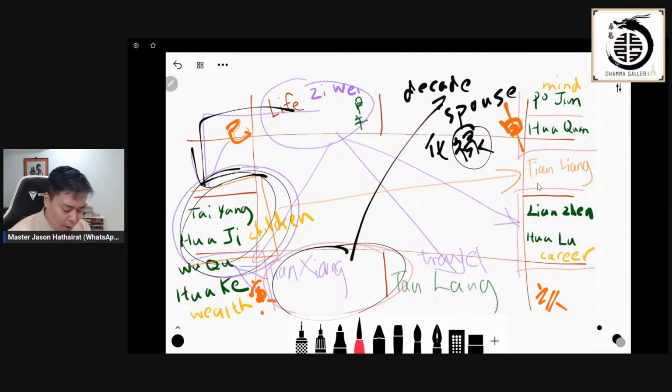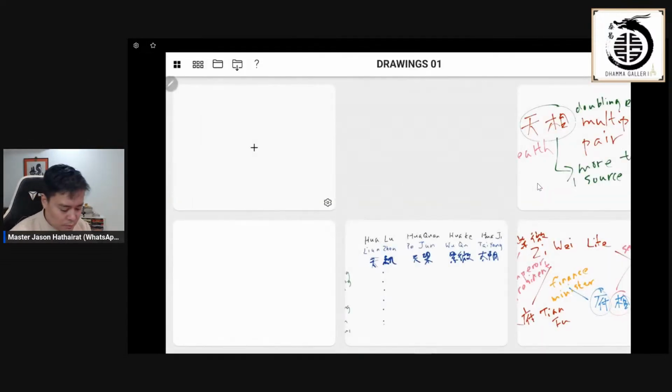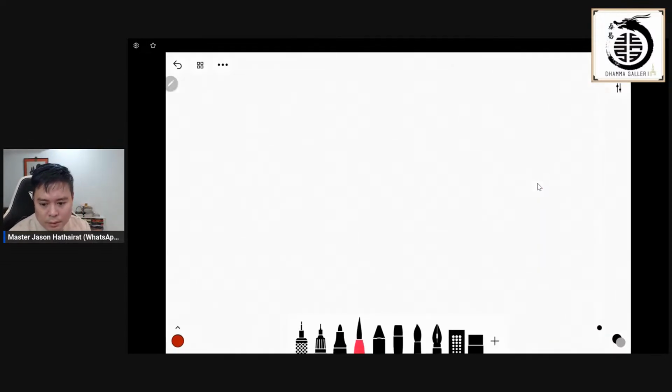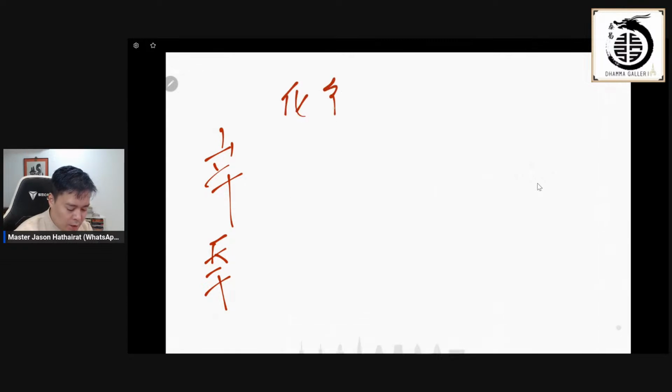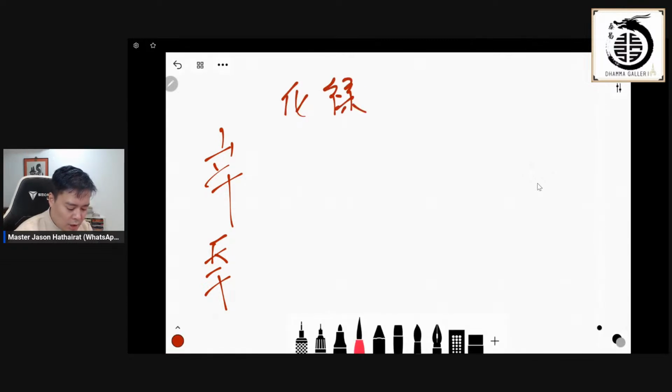And 化禄, of course, when the decade trend is here and the flying star is 辛, this heavenly stem 辛天干, let me write it in Chinese, 化禄 will be at 巨门.